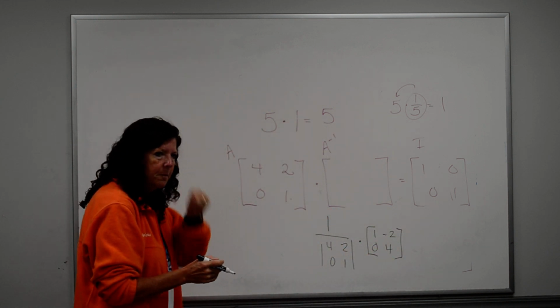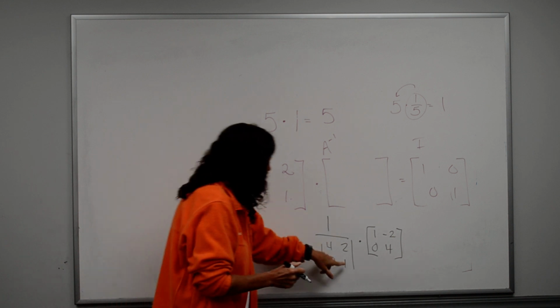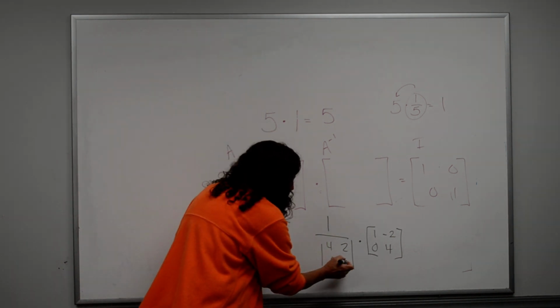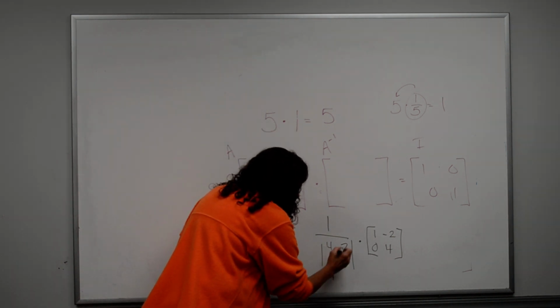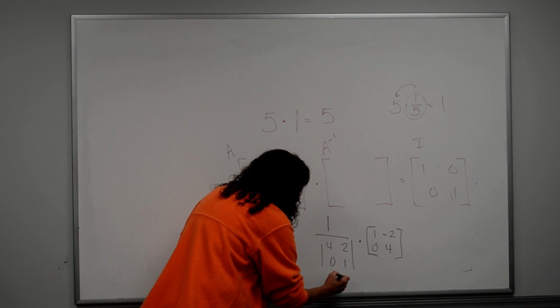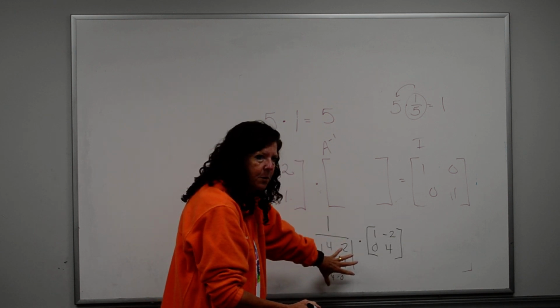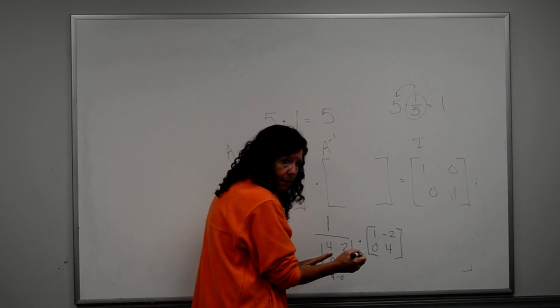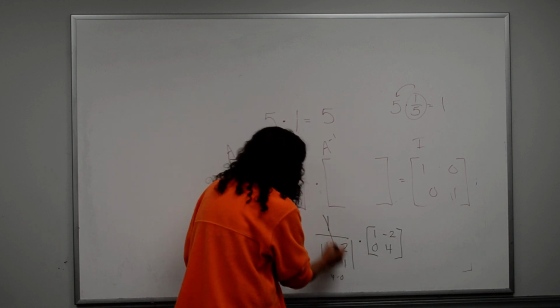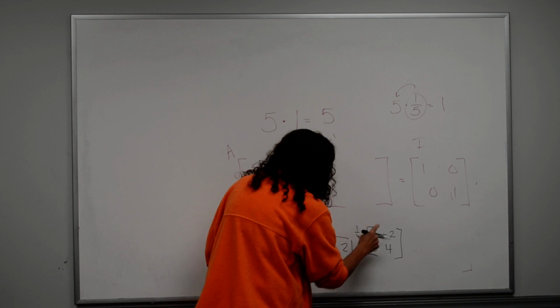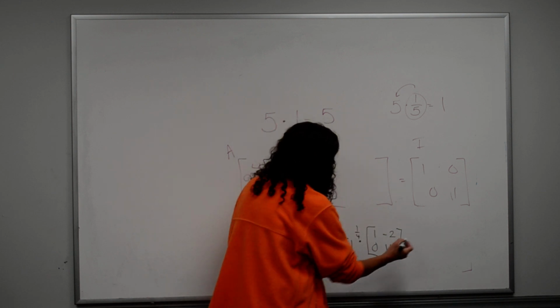So far so good? Got to find the determinant here. So 1 times 4 is 4. 2 times 0 is 0, so it's 4 minus 0. So this whole thing becomes 1/4, because the determinant of this is 4. So I'm going to take 1/4, I'm going to multiply it by each one of those.